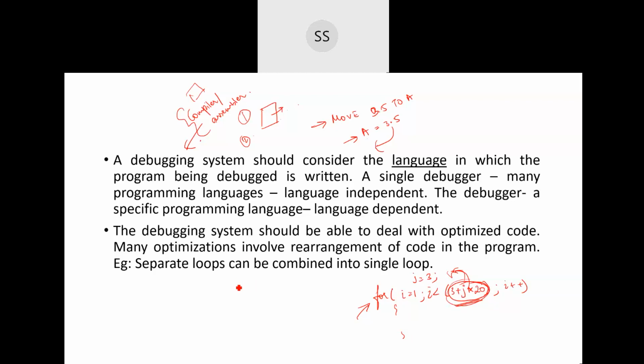Second, if I have written two for loops, but by looking at the statements there is a provision to combine these two for loops into a single for loop. That is also a way of optimization. Then we can rearrange the blocks of statements.